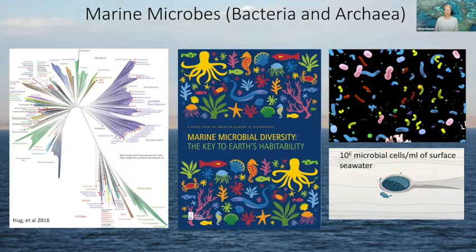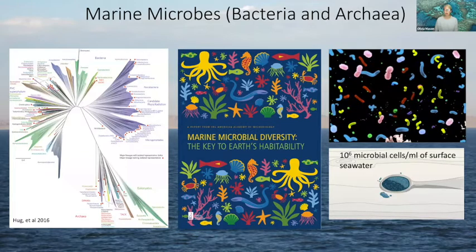Well, why is that a problem? Well, if you can't grow a microbe in the lab, how do you study its physiology? How do you learn what it's doing metabolically, right? And so that's why we have to turn to molecular techniques where we don't have to grow a microbe in the lab to determine what its physiology is.